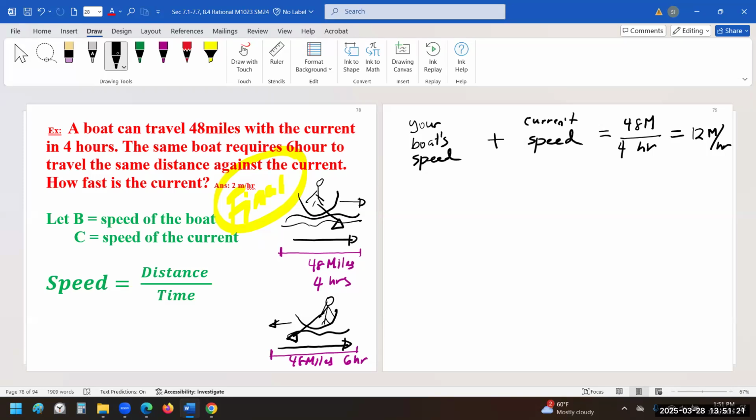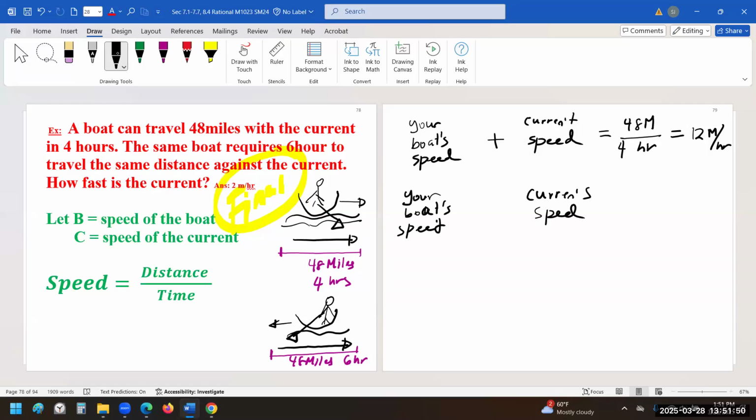Now the second scenario is your boat speed and the current speed. What is happening this time?